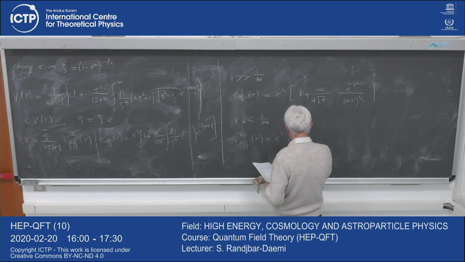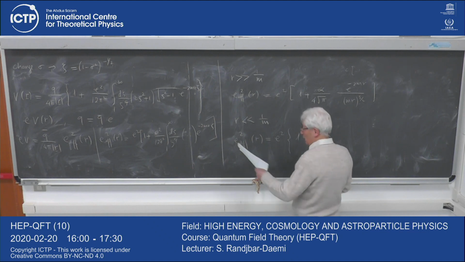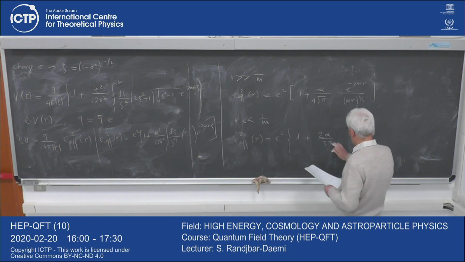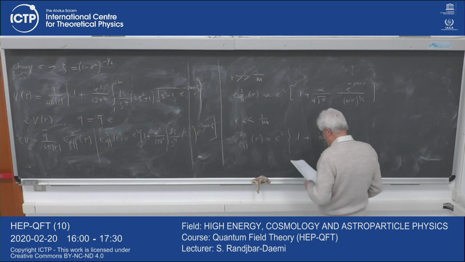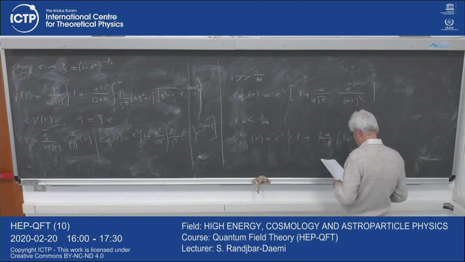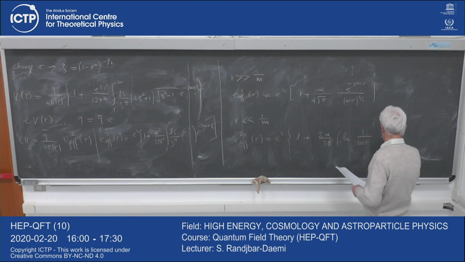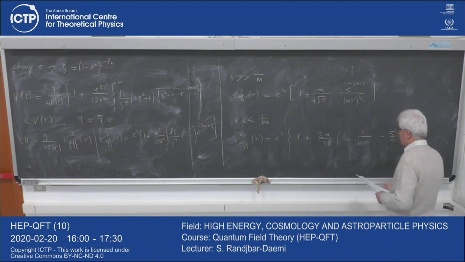In that limit, it becomes 1 plus 2 alpha over 3 pi. You have to evaluate this integral approximately in that limit to obtain this result, plus some constant. This constant is not important, but I'm going to write it. It just comes from the evaluation of the integral.